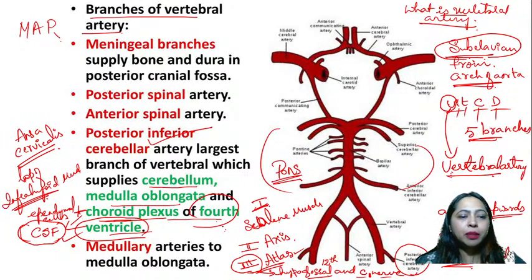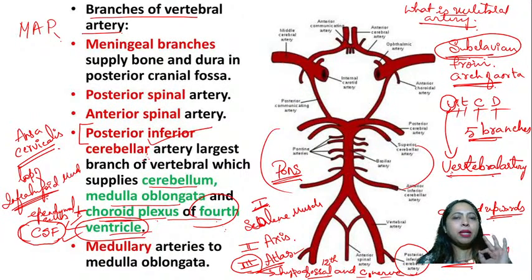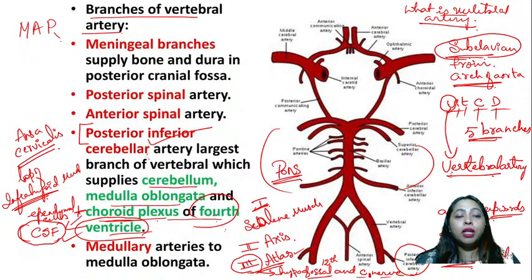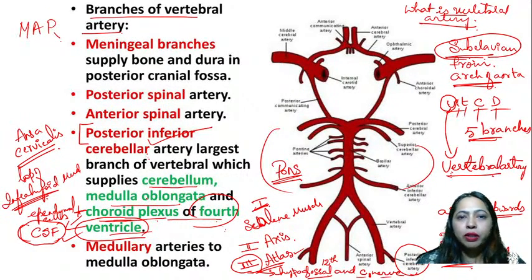And that is done by the plexus formed because of the branch from vertebral artery, that is posterior inferior cerebellar artery. So for posterior inferior cerebellar artery itself, you can have an objective type of question. What all does it supply? You can say it contributes to the choroid plexus, cerebellum, medulla oblongata. All this could be one option. Okay, so that itself is a nice question actually.